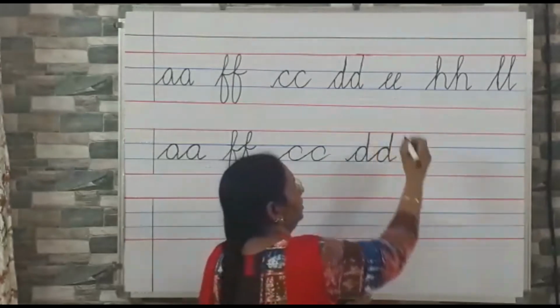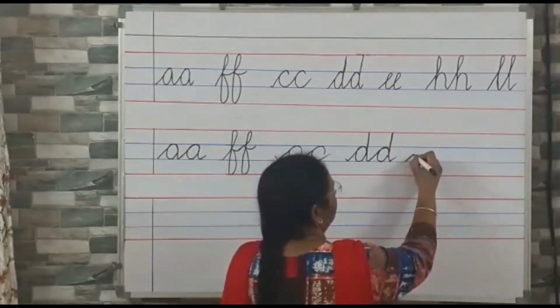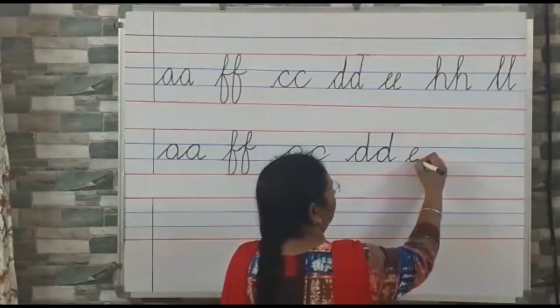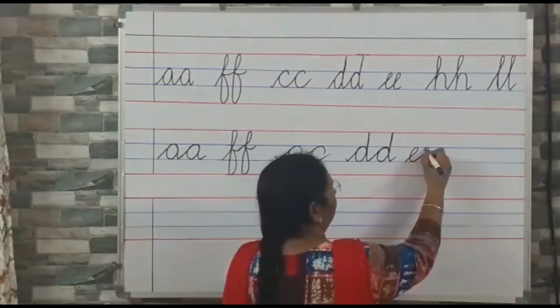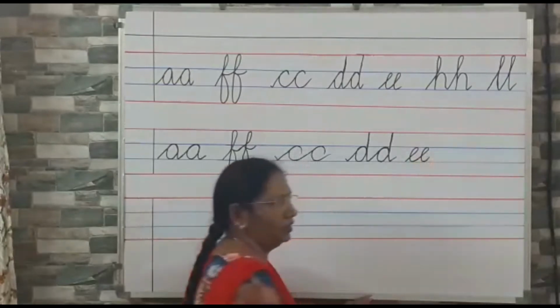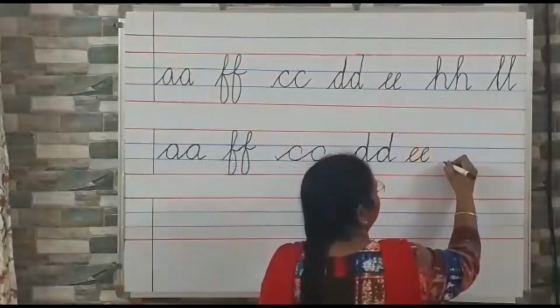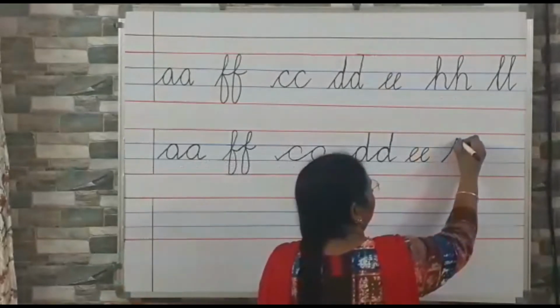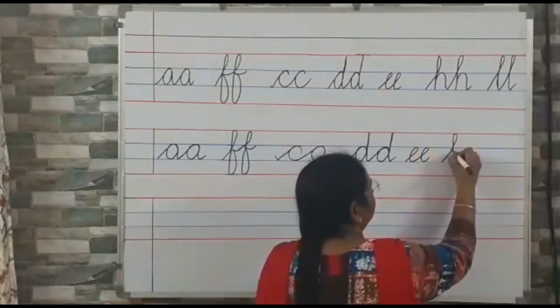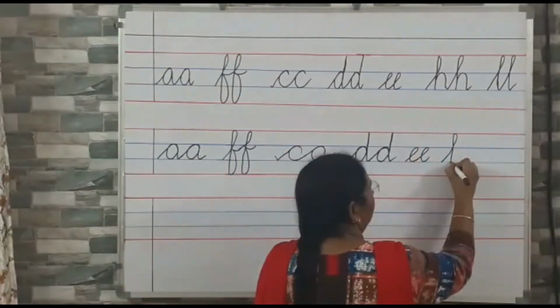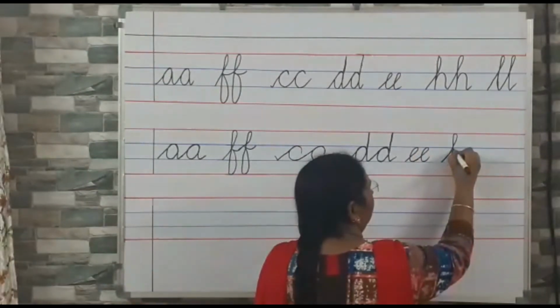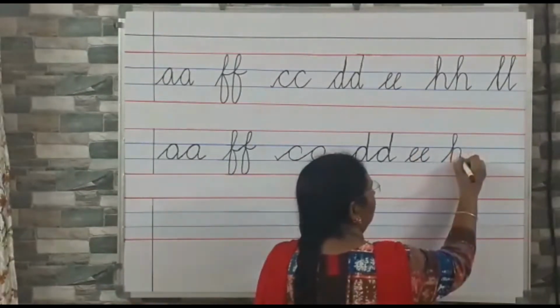Now what is it? Alphabet E. Slanting line, loop, tail. Slanting line, loop, tail. E is done. Isn't it easy? Then H. Slanting line, come down straight. Again go up on the same line between the blue lines and up.